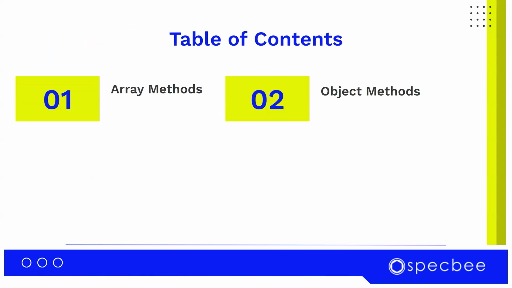Again, object methods is something where we have certain amount of methods which JavaScript provides, which can be operated on any kind of object. Of course, we define methods on the objects whenever we are creating any object, but those are custom methods that we are creating. We will be talking about the native methods which are available from JavaScript.